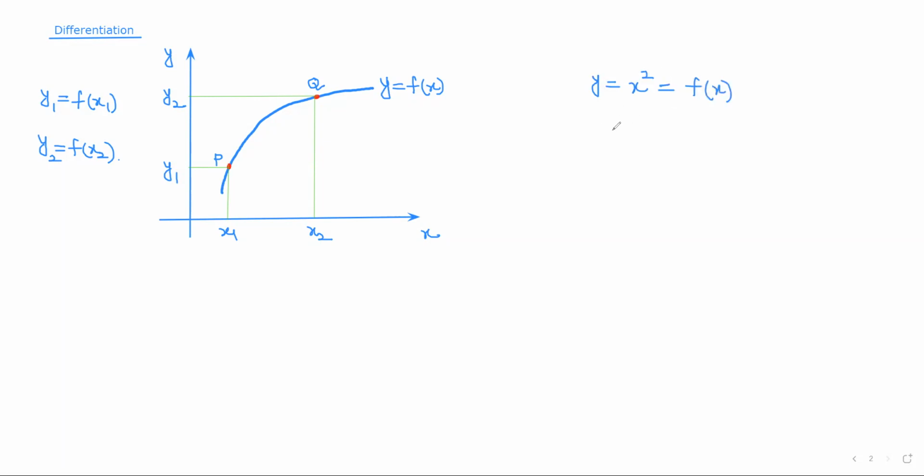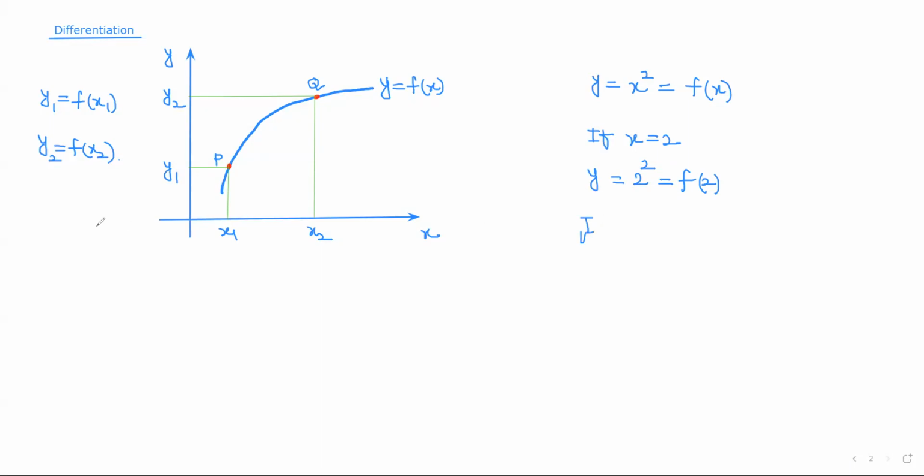We are aware of it. Now, if x is equal to 2, what will be y? It will be 2 square. So can I write y is, I replaced x with 2, right? So I wrote it as f of 2. When y is x square and I substituted value of x as 2, we got y is equal to 2 square, which is equal to f of 2.